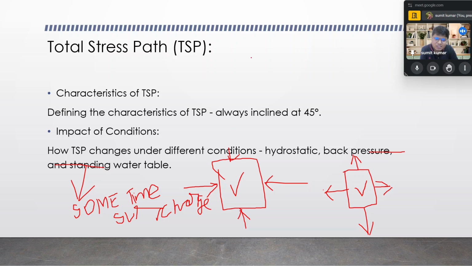If we consider any block in a water body, for understanding this, consider this box, and there is water filled over here. On this block, the stress applied from all directions is equal.